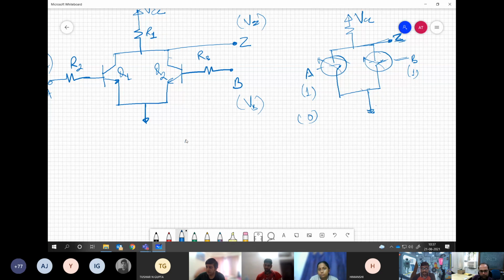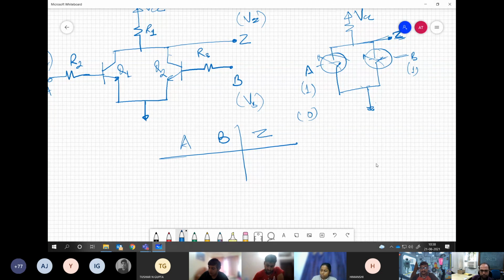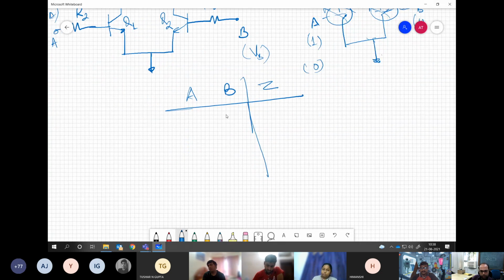If you have to write the truth table, what will it be? If you give 0 0, which means both the inputs are not there, what will happen to Z? High, so Z will be 1.